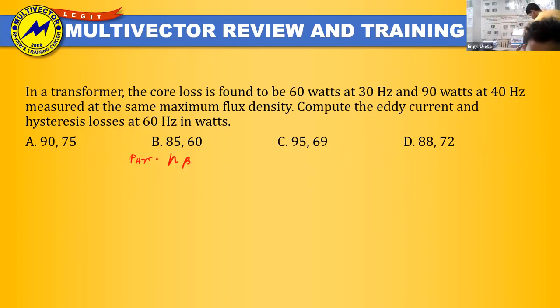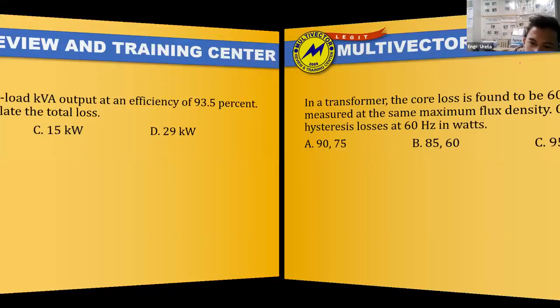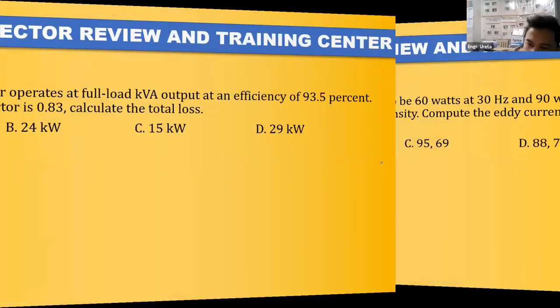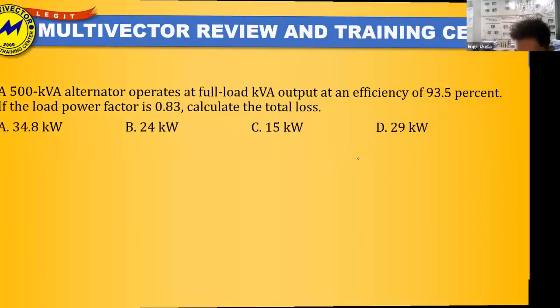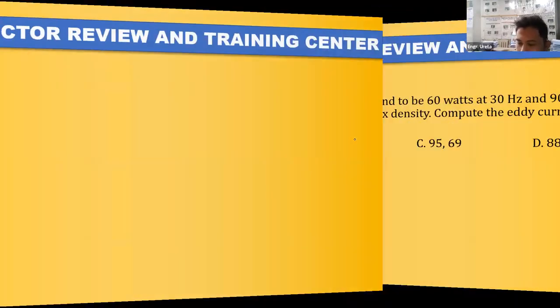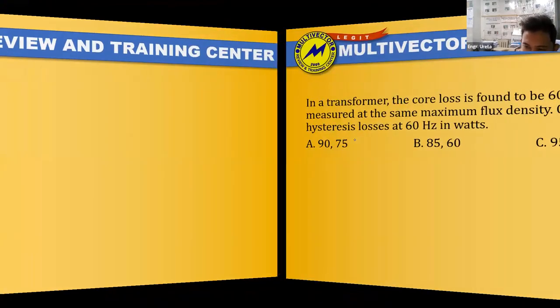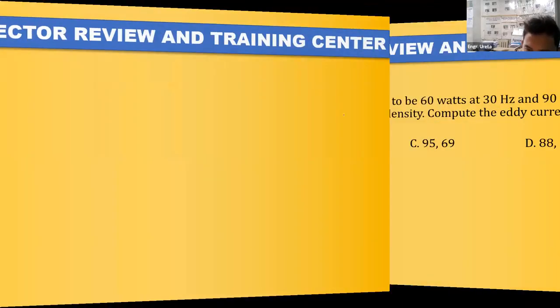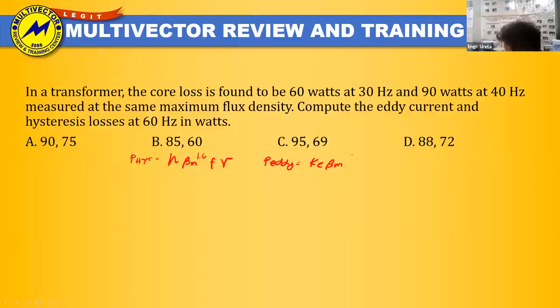So K_h times B_m raised to 1.6 times f times V. Eddy current naman, sir, is this, with f squared and B_m squared.